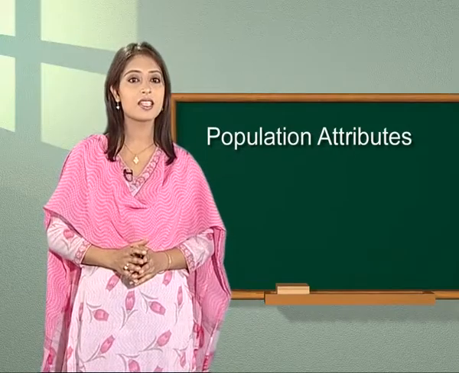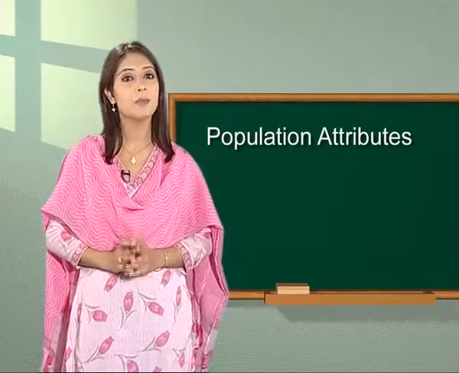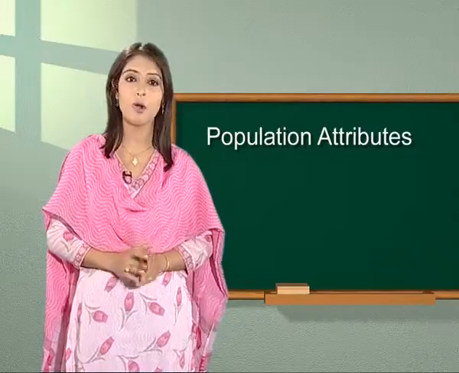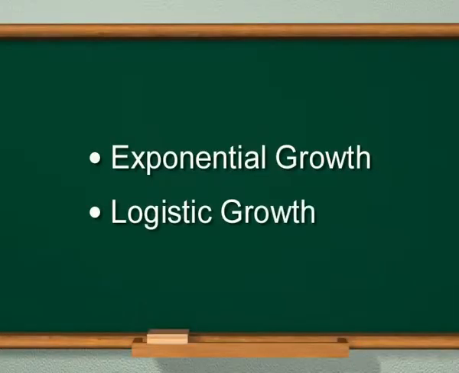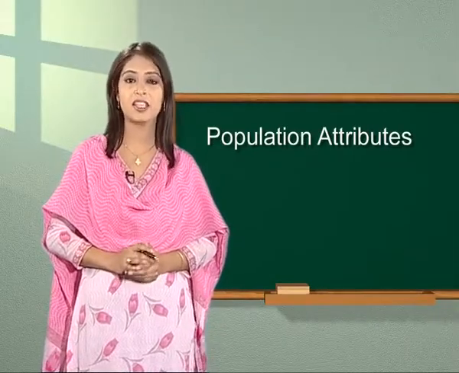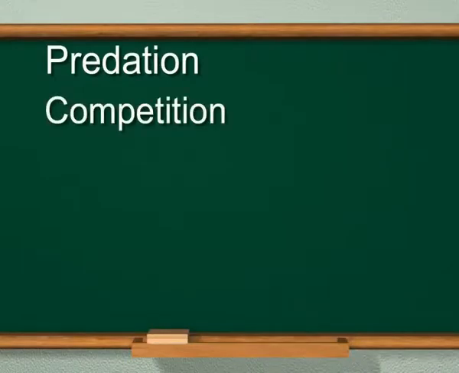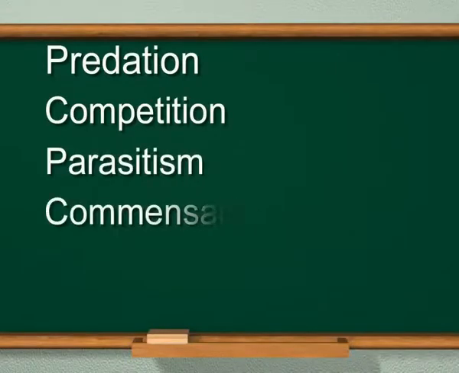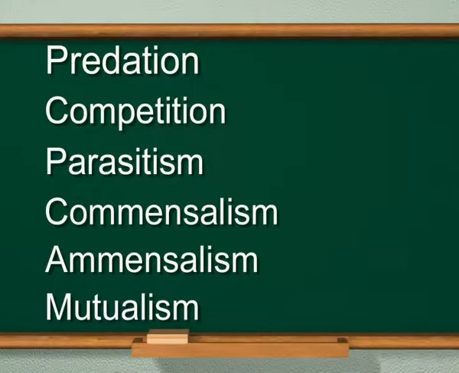Next thing we learnt is population growth. Then 2 models depicting growth pattern of population: exponential growth and logistic growth pattern. Also, we discussed many types of population interactions like predation, competition, parasitism, commensalism, amensalism, mutualism, along with examples of each.